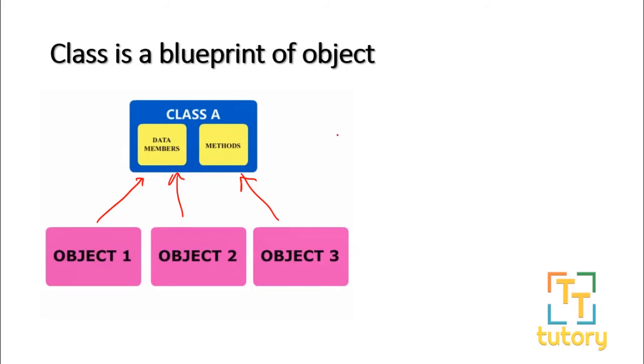They will share the properties of the class. Okay, so objects will share the properties of the class, and when we are creating an object, we can say that this class A is acting as a blueprint for the object creation.